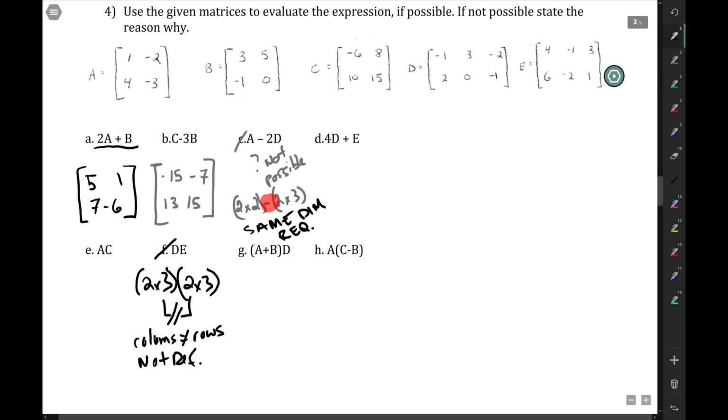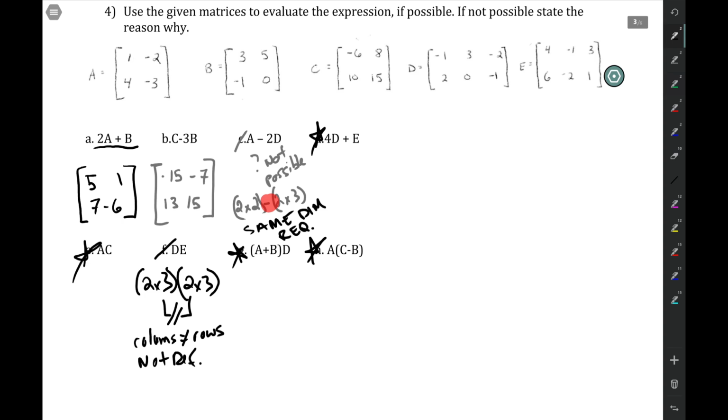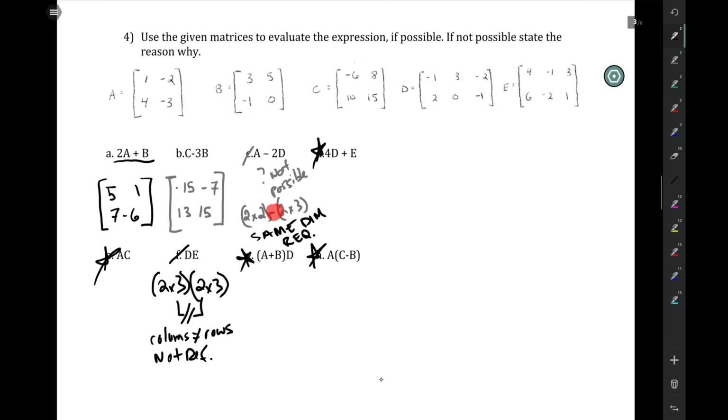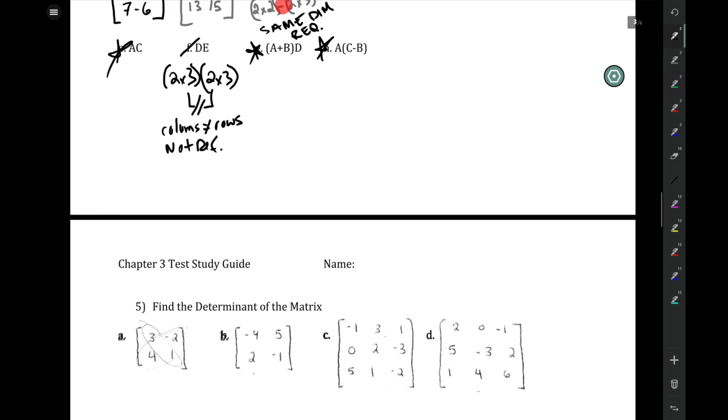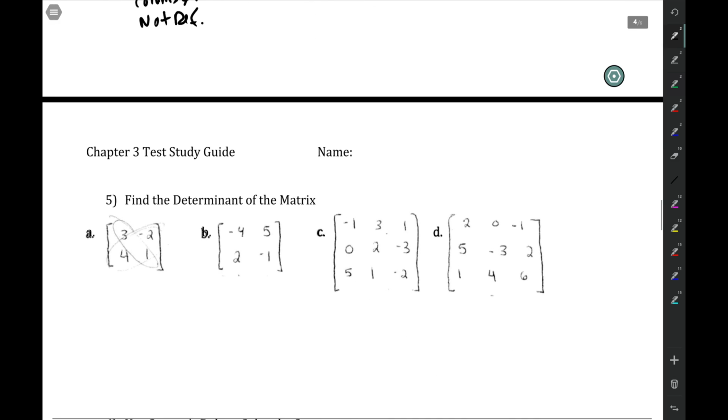The rest you should get answers for, and I will put those more formally on the regular printed study guide. But again, don't be afraid if you have error questions that are not possible.